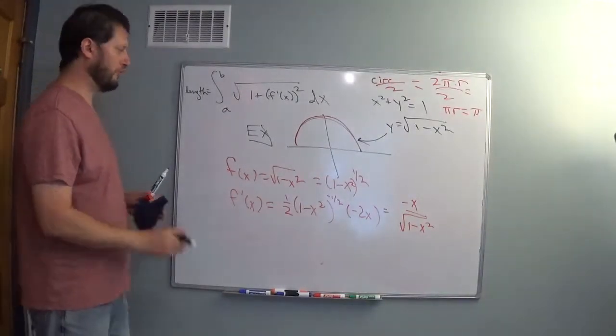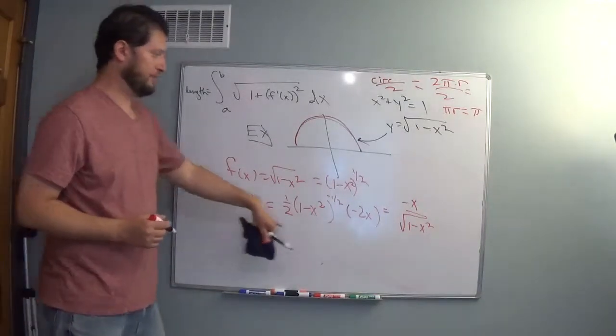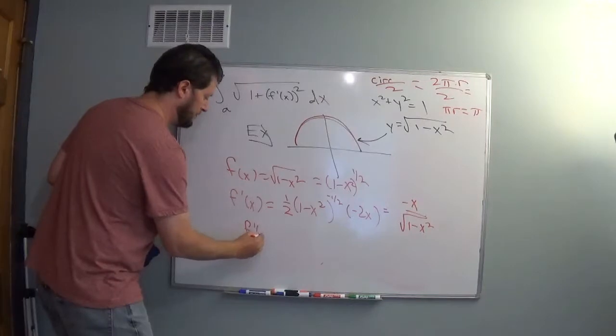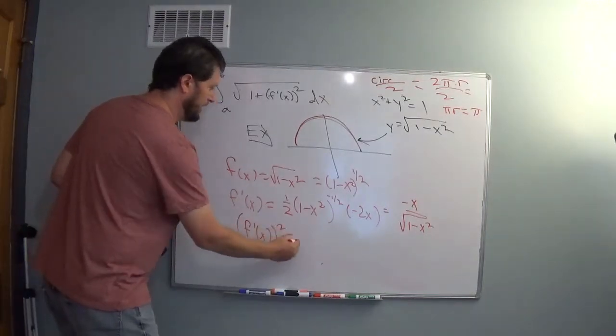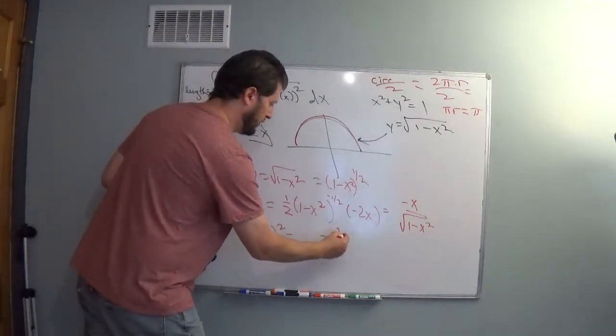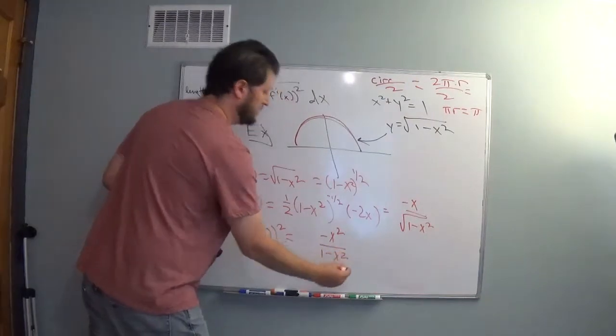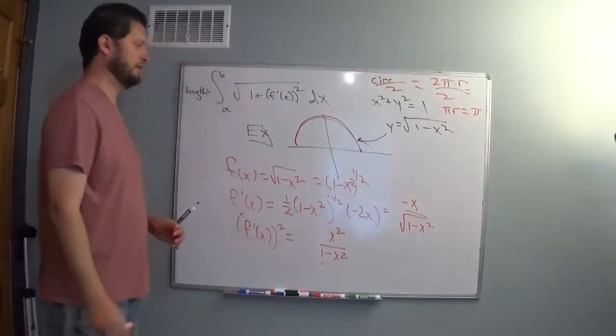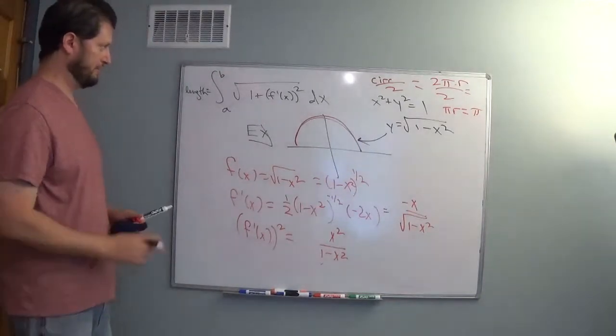Okay, so far so good. That's just the derivative. All that we do is find the derivative. When we square it, f prime at x squared, I get negative x squared over 1 minus x squared. The negative actually goes away, so positive x squared over 1 minus x squared.